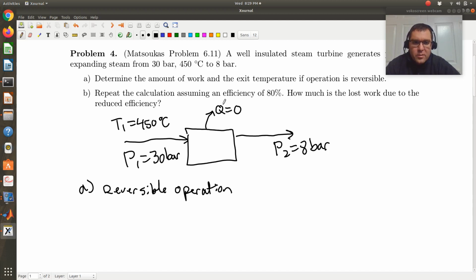Q is equal to 0, right? We're going to assume this is adiabatic since my turbine's well insulated. And we want to determine W, right? The amount of work produced along with the exiting temperature, T2.